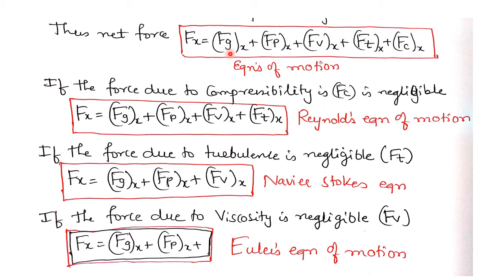That is, gravity force plus pressure force plus force due to viscosity plus force due to turbulence plus force due to compressibility. All these x indicate the direction. This entire equation is called the equation of motion.